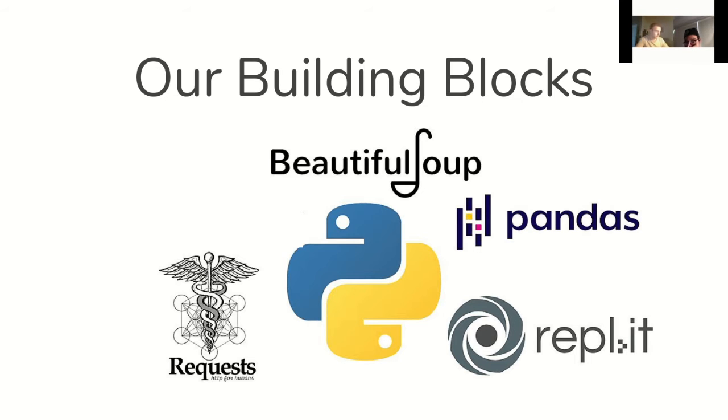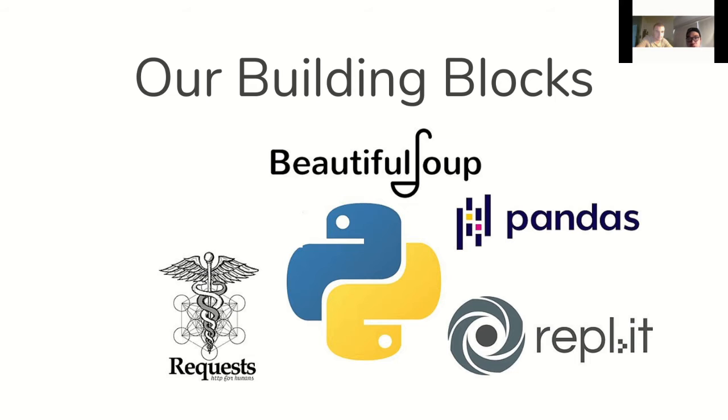And I'll give the floor to Dennis to talk about the technology behind web scraping. Okay, thank you, Arsen. So for the building blocks that we are going to use for this workshop, first we're going to use Beautiful Soup, which is a web scraping library provided by Python, and we'll also use the Requests library to allow us to use regular HTTP methods.